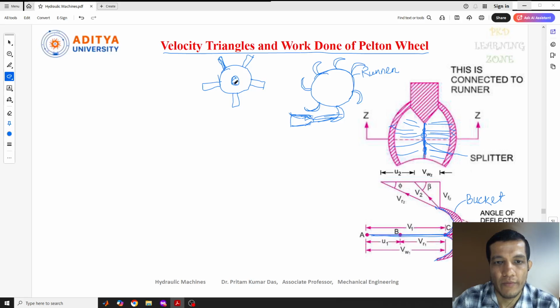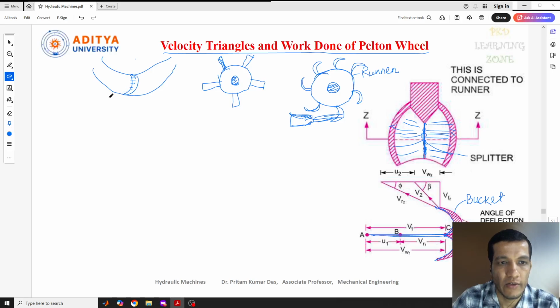In the middle will be the shaft, and the shaft is connected to the generator to generate power. We also discussed that the curved blades are fixed on a wheel. The wheel will be like this, and the blades are fixed on it.